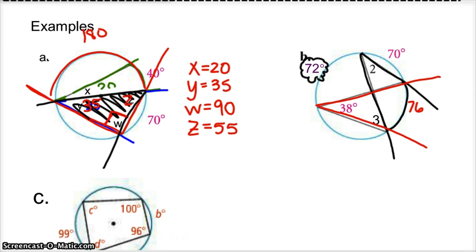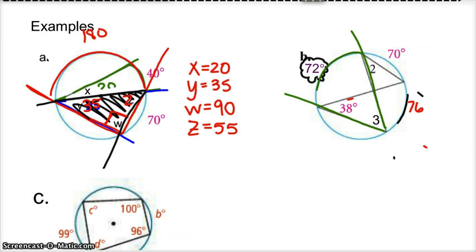So that means angle 2 must be 38 because the arc has to be halved to get back to the angle. Other thing, and I said for the sake of an example, we have number 3. Extend 3, and 3 corresponds to this arc that I had you label 72, so I know 3 must be 36.